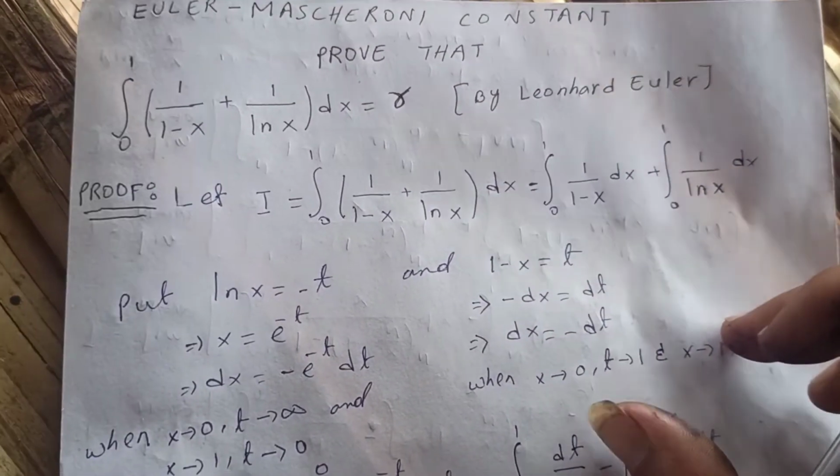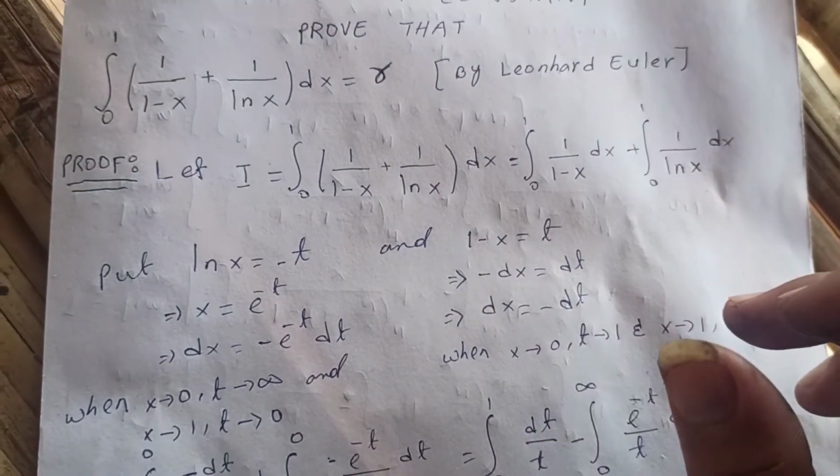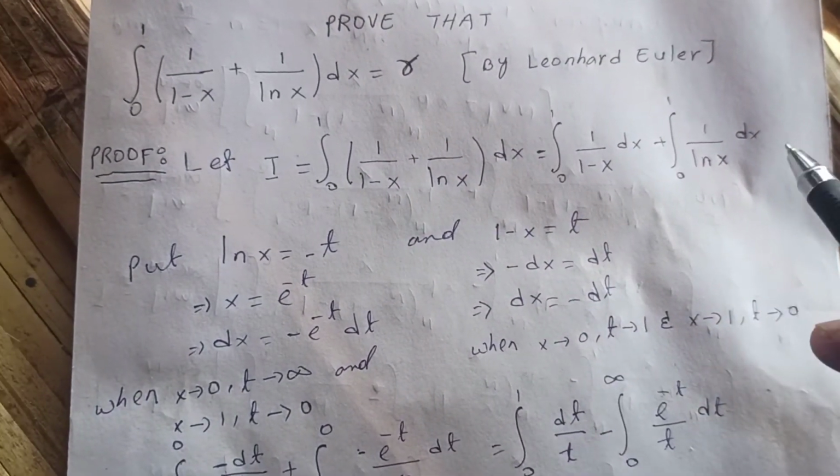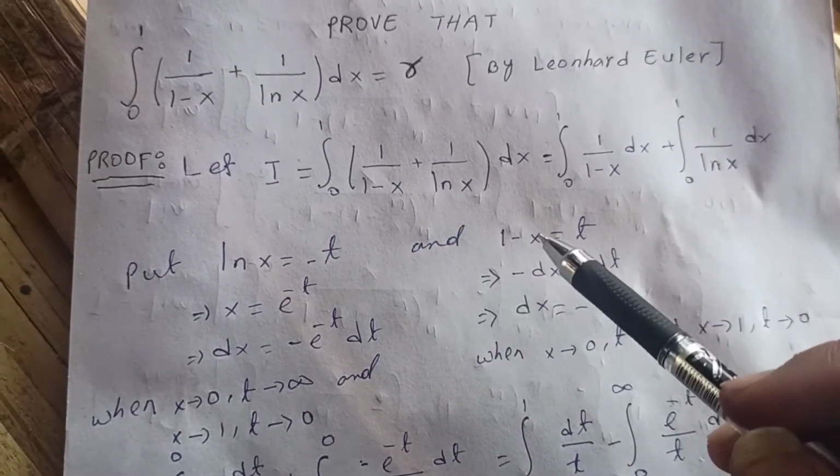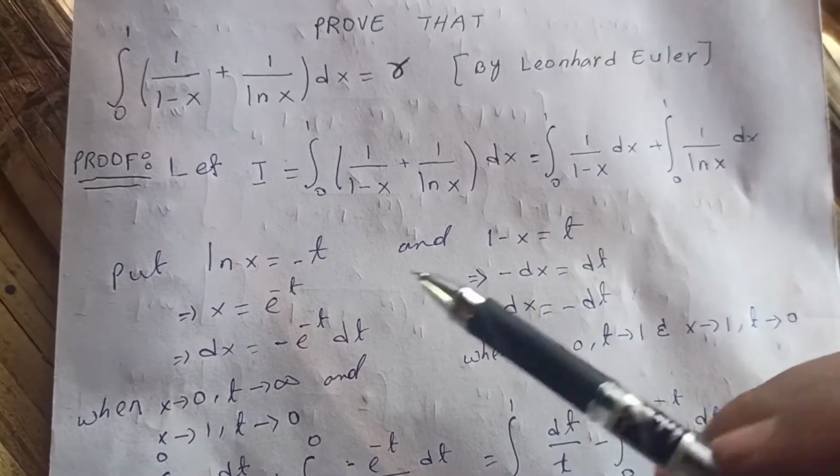Now let's use the substitution method. Put ln x equal to negative t, and 1 - x equal to t.